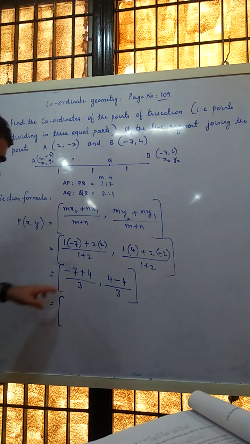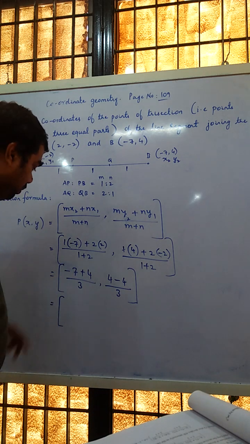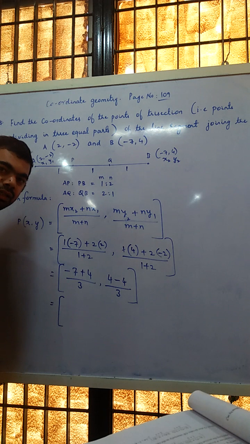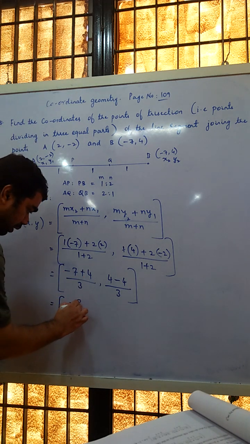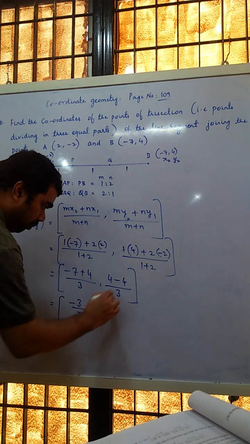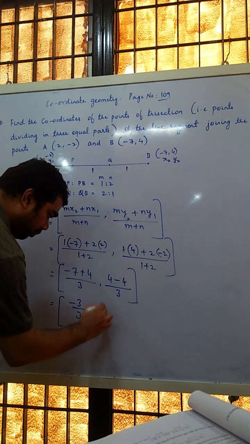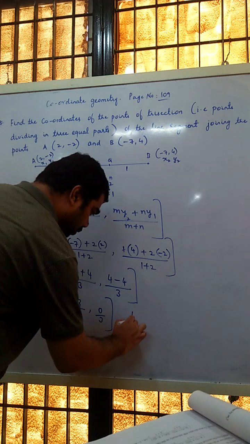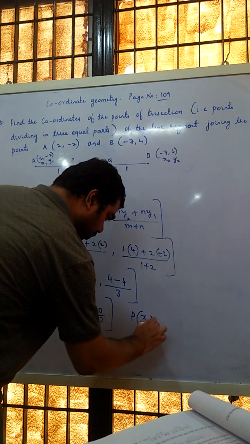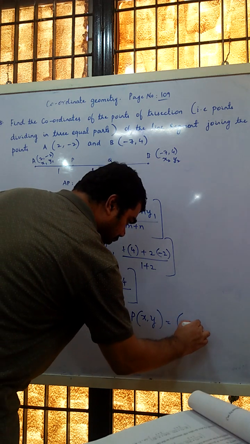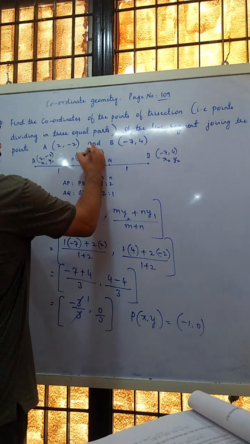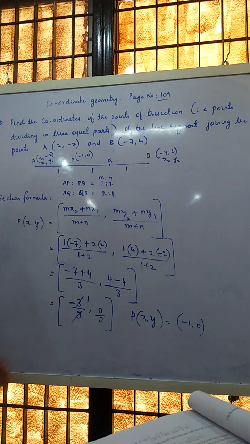Now take the sign of the larger number and subtract: -7 plus 4 is -3, divided by 3, comma, 4 minus 4 is 0 by 3. So the coordinates of point P are (-1, 0).